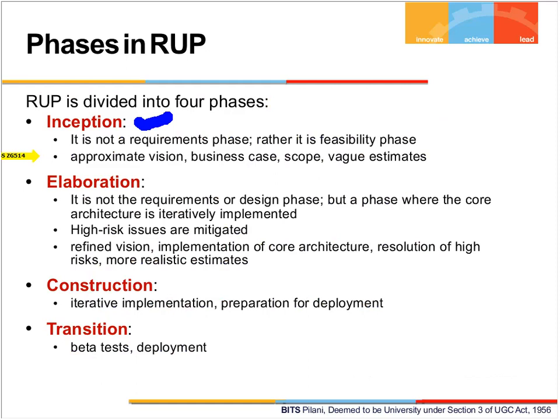Do not try to map the phases of the Rational Unified Process, RUP, to the framework activities or the phases of the waterfall model, right? Because there is an overlap, there is no direct mapping that you can do between these phases and the phases of the waterfall model or the framework activities.